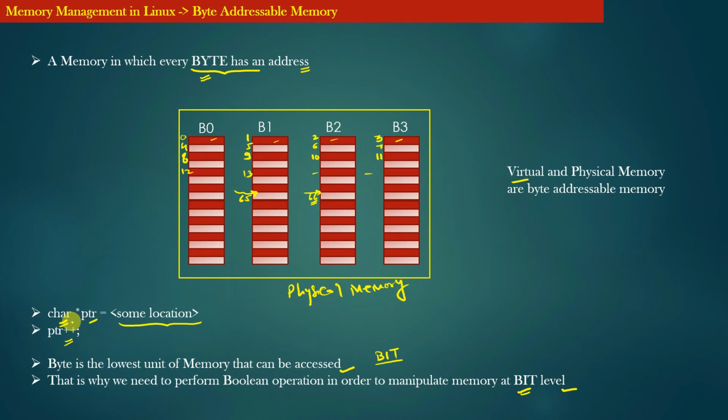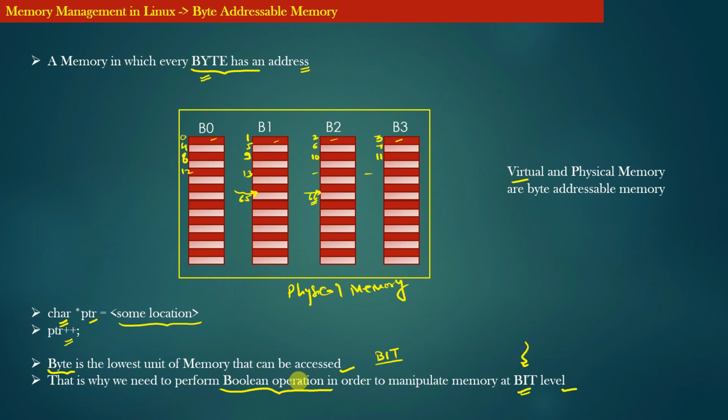So it means that using primitive data types of a programming language, the smallest unit of memory that you can access is a byte. And whenever you need to access or manipulate a particular bit present somewhere in your physical or virtual memory, then you need to apply Boolean operations such as AND, OR, NOT.